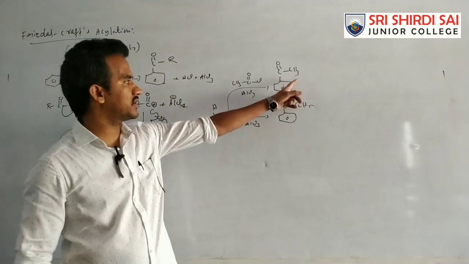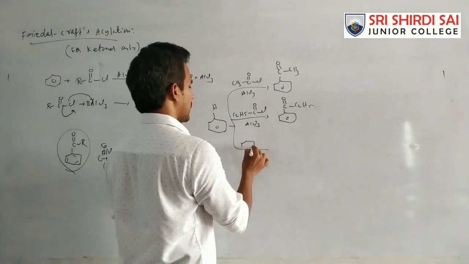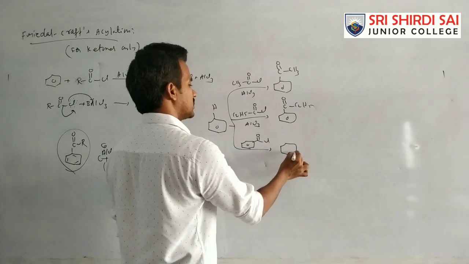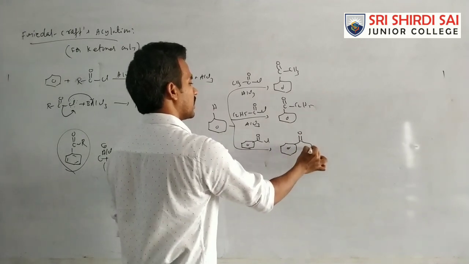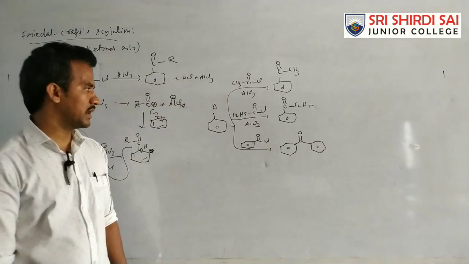This is methyl phenyl ketone. And suppose benzoyl chloride, C=OCl, your product is C=O with another phenyl, so diphenyl ketone.